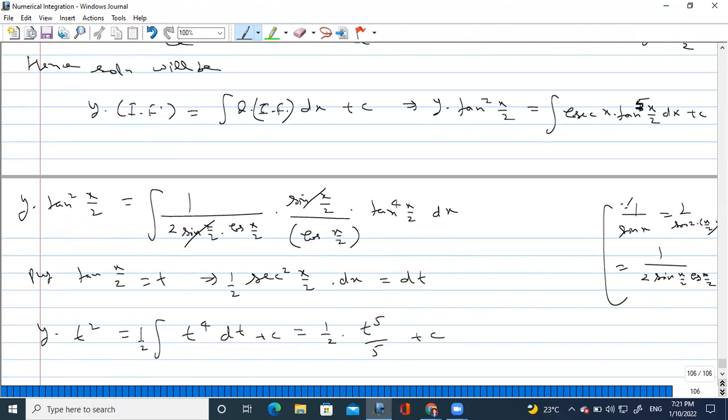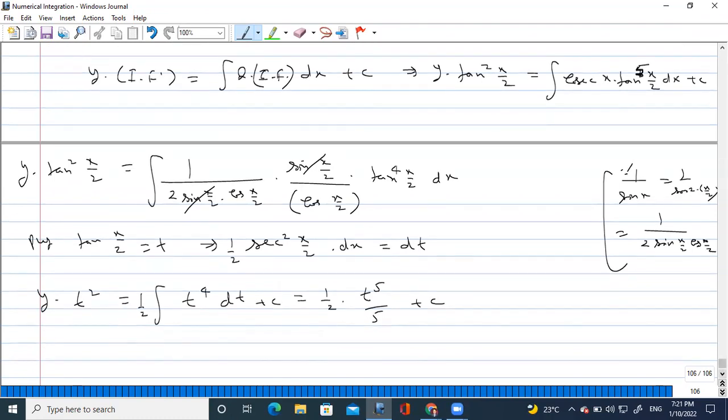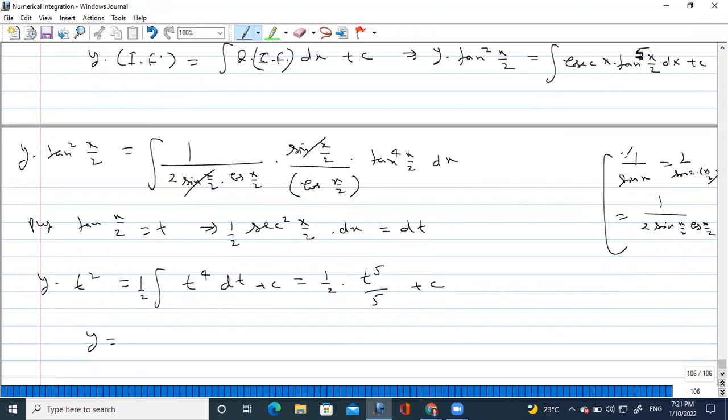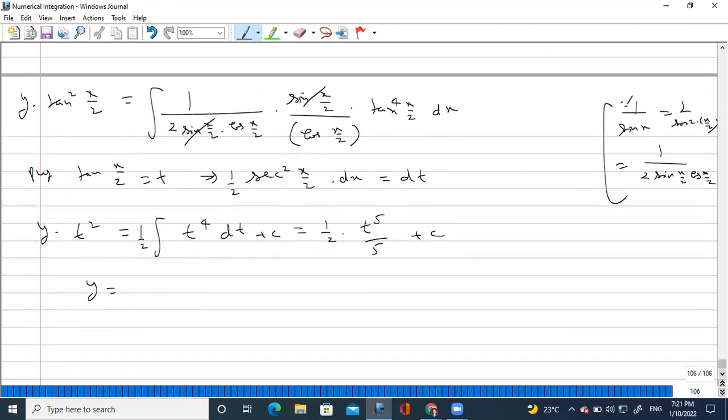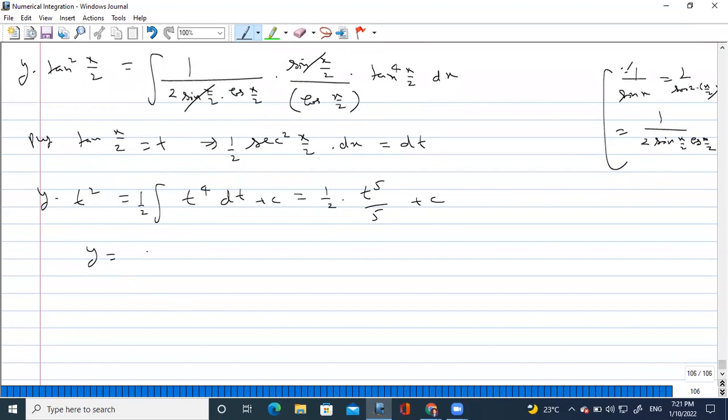Okay, so this t square, because I want to get the answer in y, so y will become 1 by 2 t to the power 3. Actually it will become 1 by 10, no?